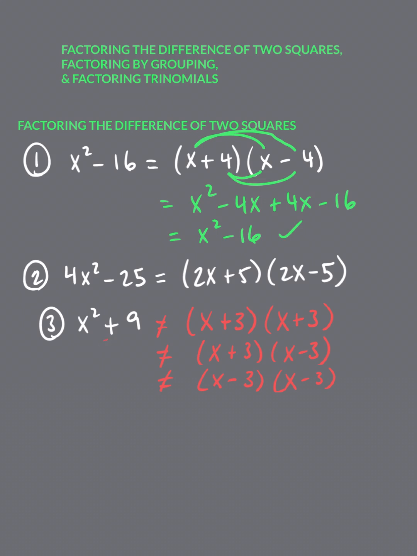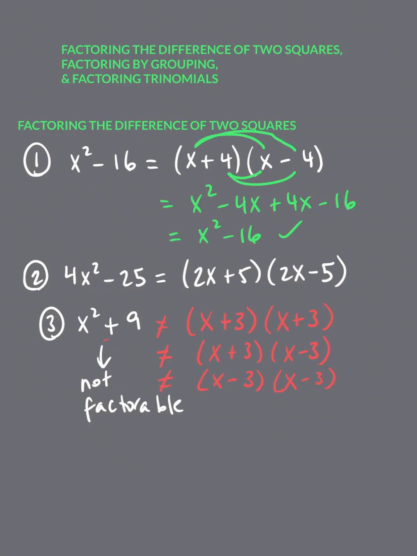So if you get something like this, this is not factorable. And your directions will usually say: factor if possible, or say it's not factorable if it's not. So this method only works for the difference of two squares if you have the minus sign.